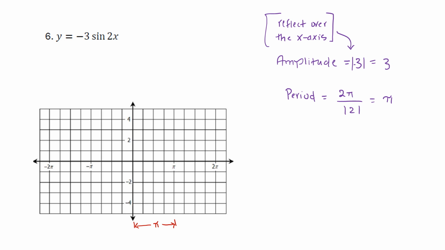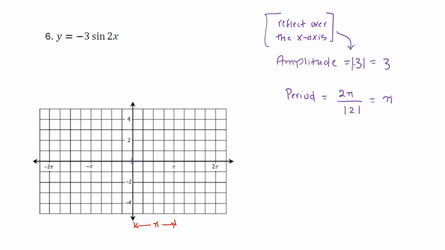So let's do one complete cycle. We start at 0, 0. Okay, and then we would go up to 1, but because we're reflected, we would go down to 1. But our amplitude is not 1, it's 3, so we're going to actually go all the way down to 3.